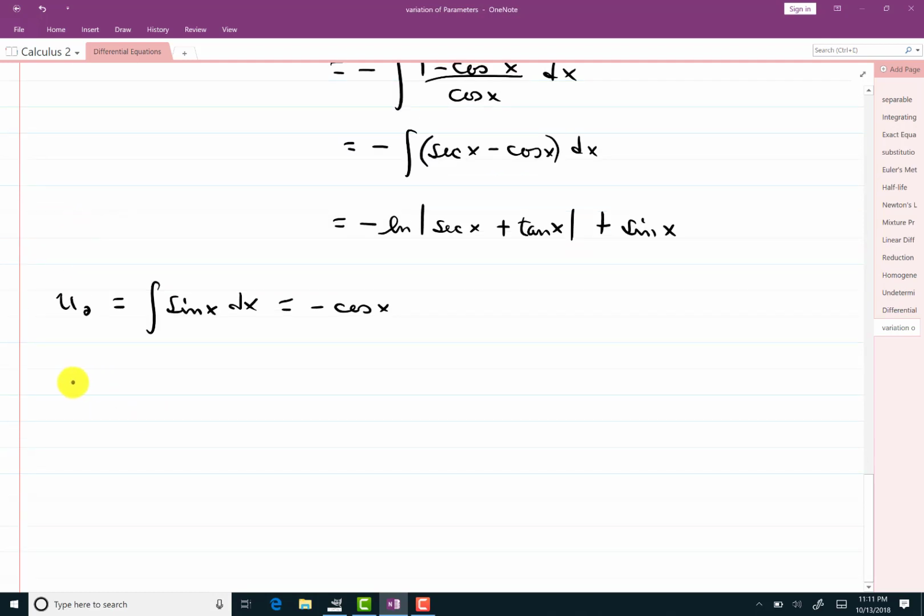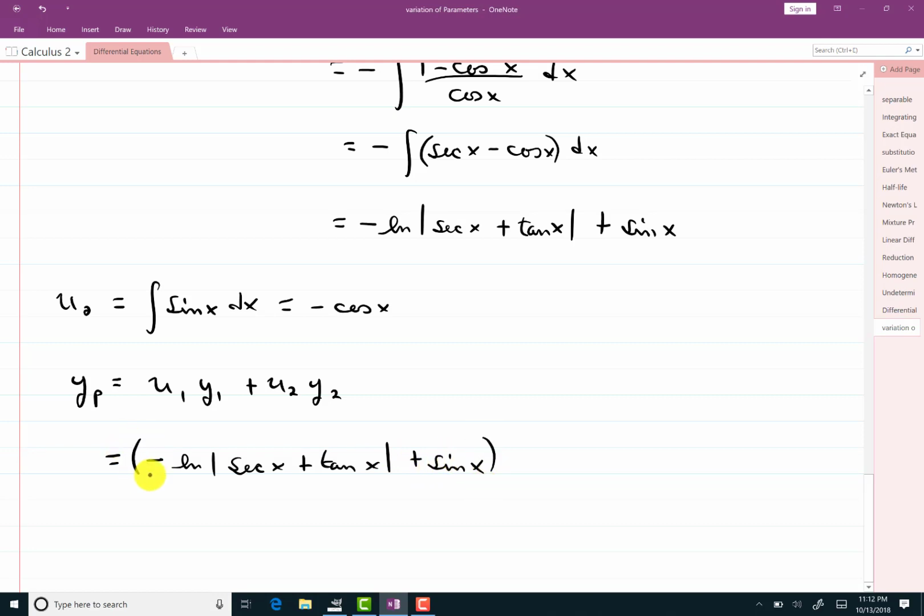So then our solution, or our y sub p, was supposed to be u1 y1 plus u2 y2. u1, well, we have all this stuff up here. Negative ln secant x plus tangent of x plus sine of x, all of that times cosine of x.